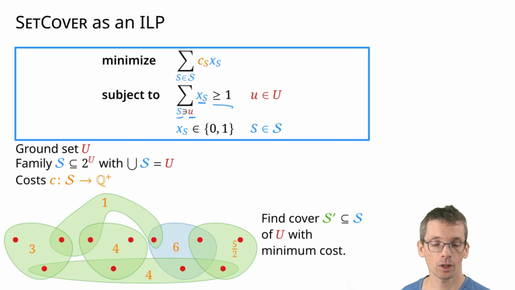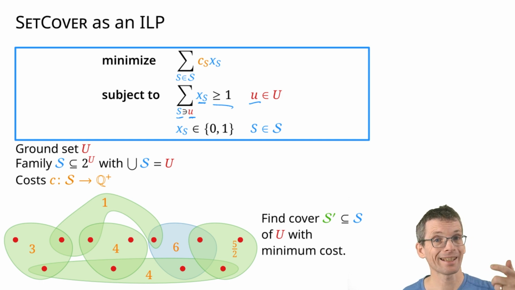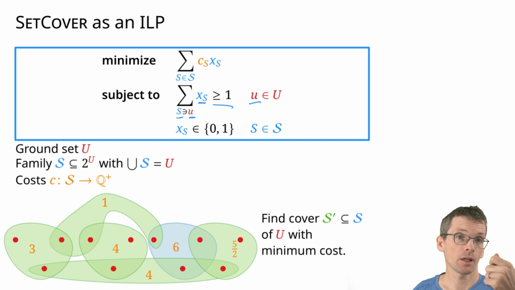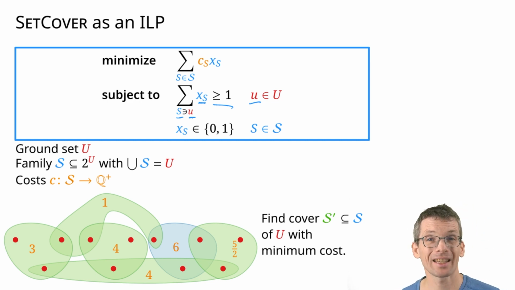And I have such a constraint for each of the elements. Because if the sum is at least 1, and the x_s are either 0 or 1, it means one of those x_s is 1. It means I've selected it. So this is set cover as an integer linear program.